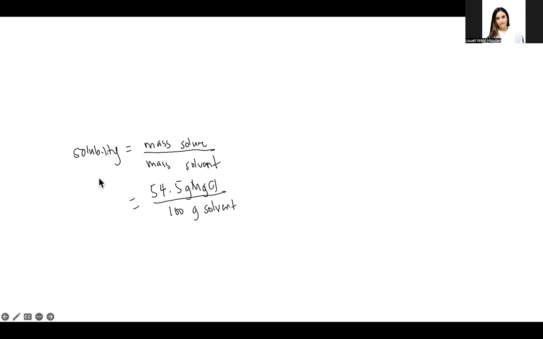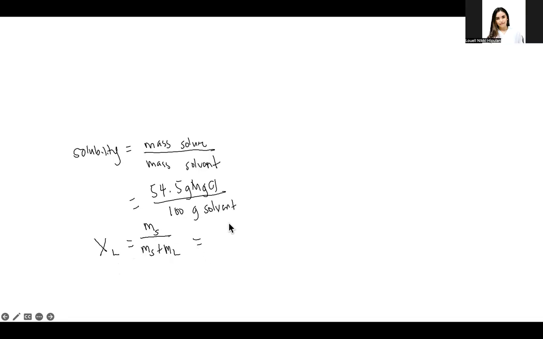Now, in order to convert that solubility, in order to find the value of XL, because you need the value of XL to calculate your material balance or your solute balance. XL is equal to MS, the solute mass, divided by solute mass plus ML, the solvent mass.